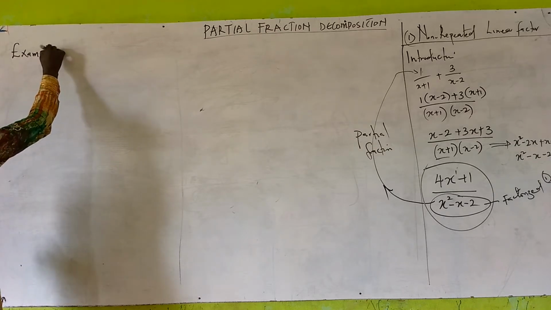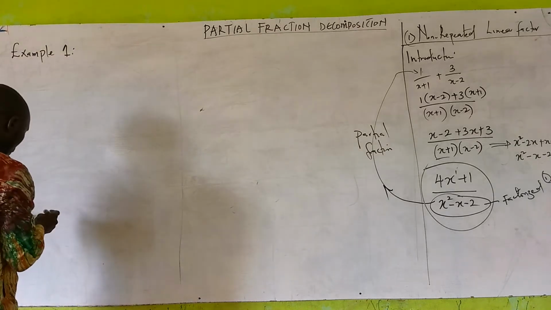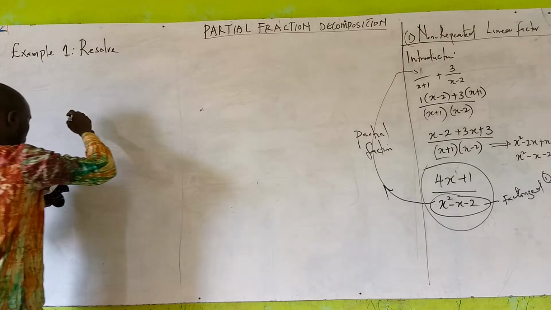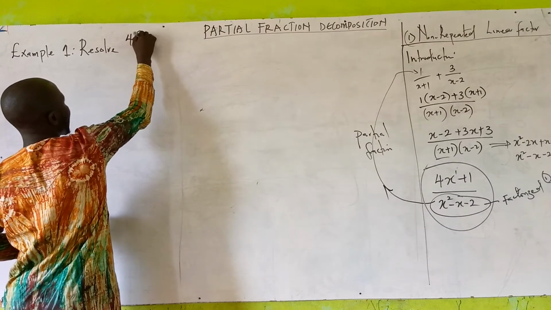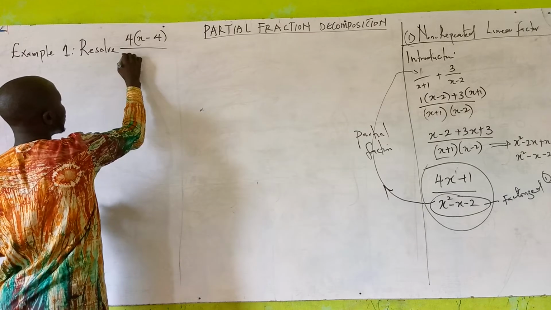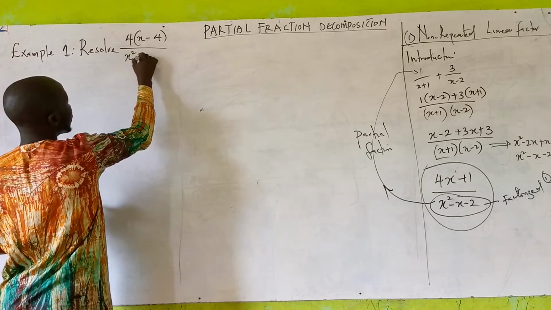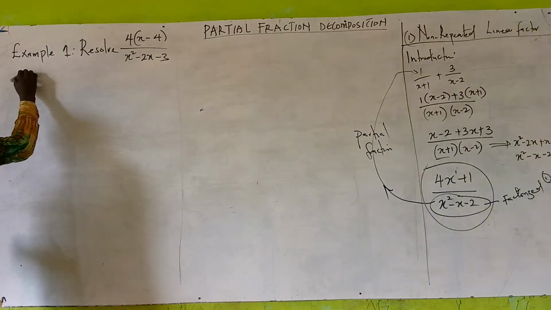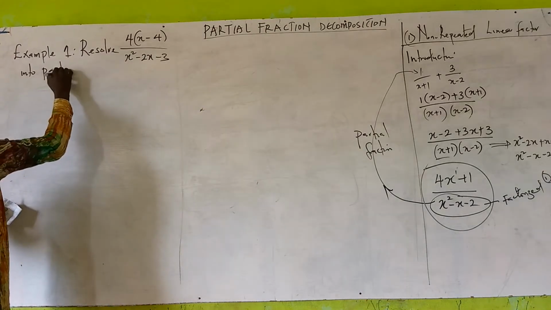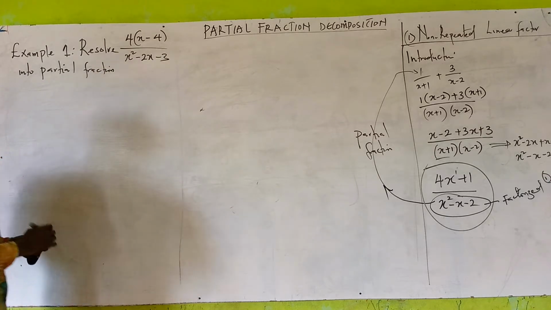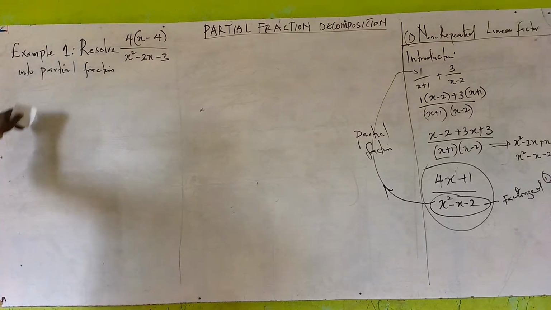Example 1: resolve 4 into bracket x minus 4, divided by x squared minus 2x minus 3, into partial fractions.